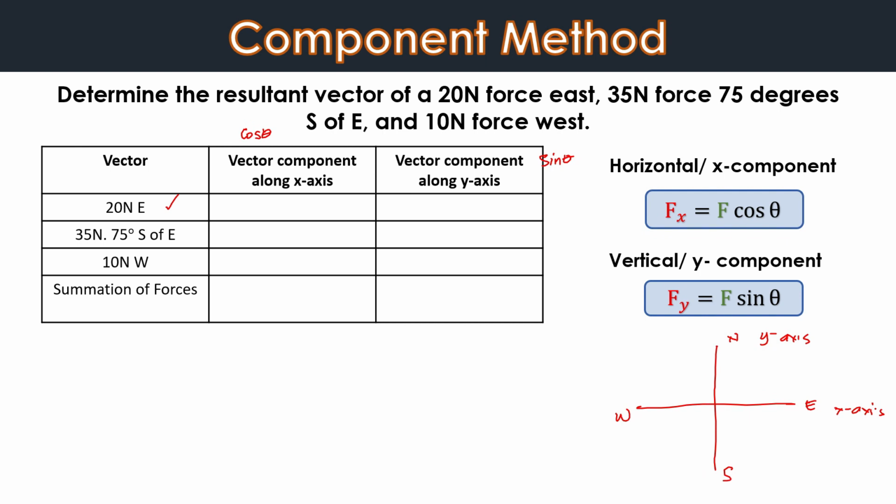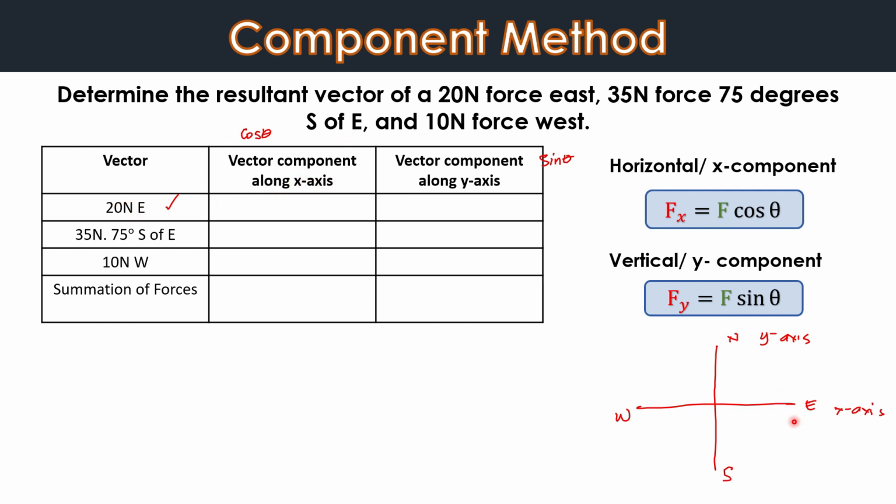20 newtons east. Okay, so first itong vector na ito walang angle na nabanggit. So kapag walang angle na nabanggit, isa lang technically ang may component, either si x-axis or si y-axis, depende sa direction na nabanggit. In this case, we have here east. So dahil east ito and it lies along x-axis, diba?